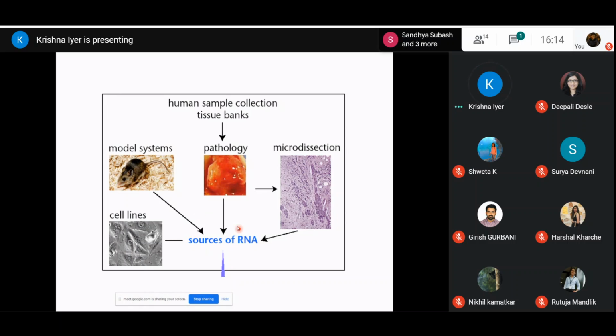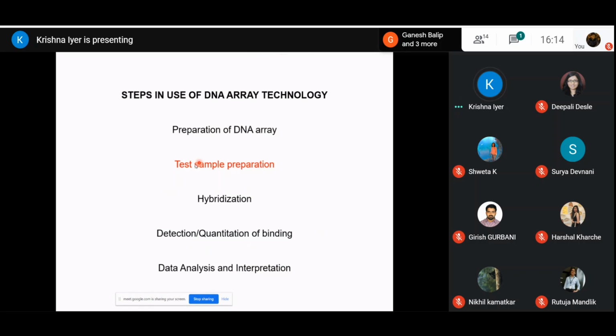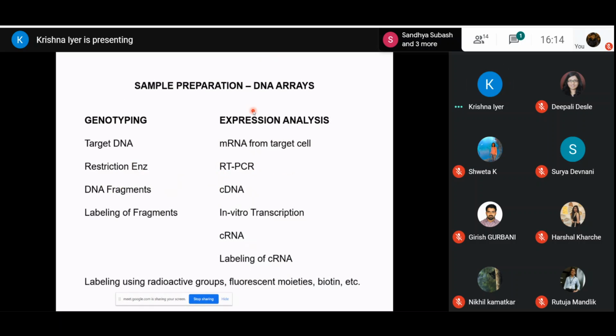The third is pathology samples, especially when you're trying to look at the effect of disease on RNA levels or expression levels, or biopsy samples, which are dissection samples. So any of these samples which contain RNA can be used to do what is called sample preparation, and typically this is what is done. If I'm doing just detection of a given sequence, then from that sample, since I want a very specific target DNA, I'll take the DNA and cut it into small pieces with what I'll call restriction enzymes.